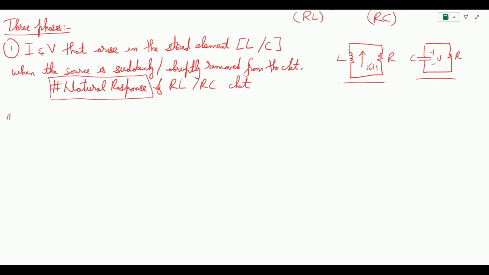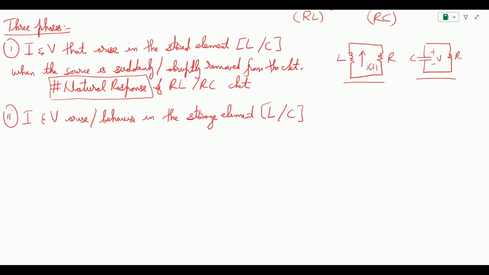In the second phase, we are again going to look into the current and voltage behavior for the storage elements, the inductor or capacitor, but this time with the sudden application of a source. The sudden application of a source means that the inductor and capacitor start to acquire energy.